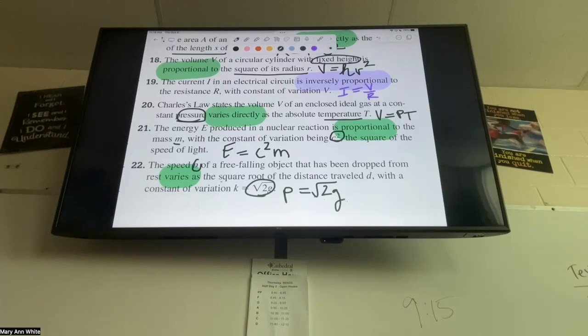And then my x is also the square root of d. So you can put them in separate square roots, or you could put them all together under one square root when you multiply them together. So p equals the square root of 2gd. All right, doing okay?